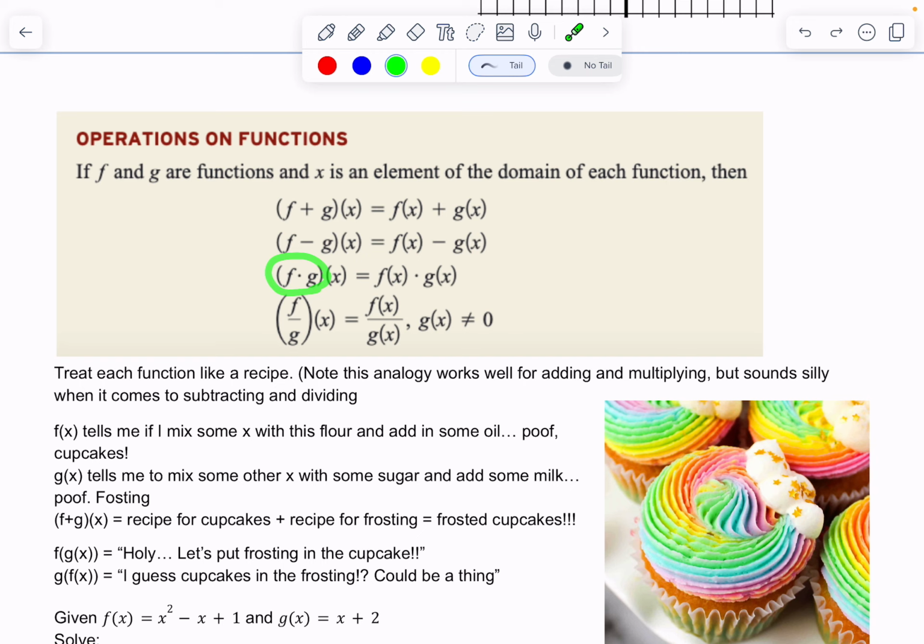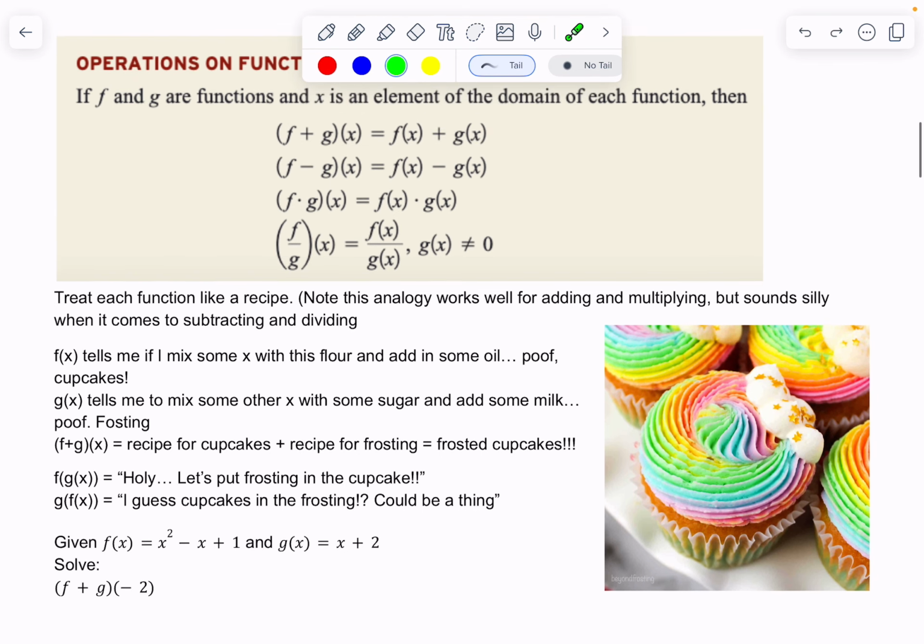F times g of x is f of x times g of x. F divided by g of x is also f of x divided by g of x. Note here that in the division case, g of x cannot equal 0. Why? Because you cannot divide by 0. That's one of the rules that we're sticking to.